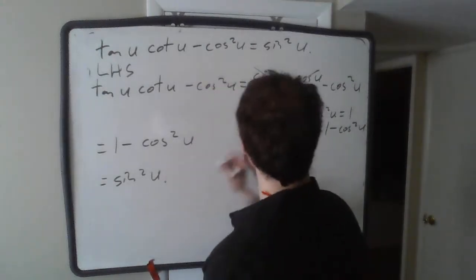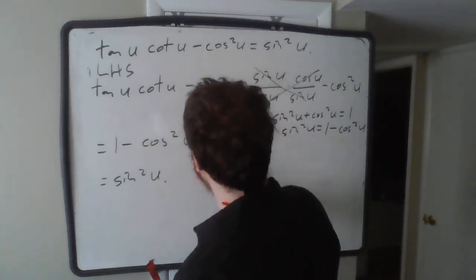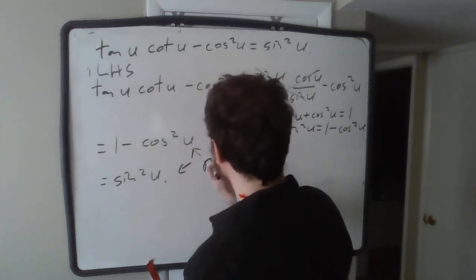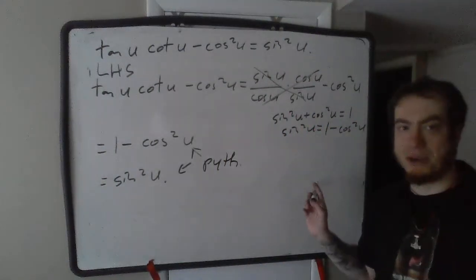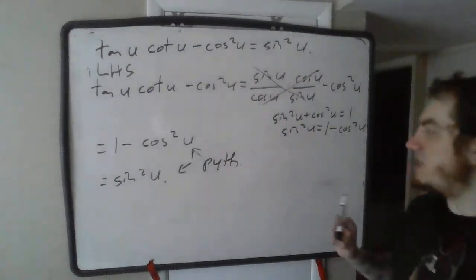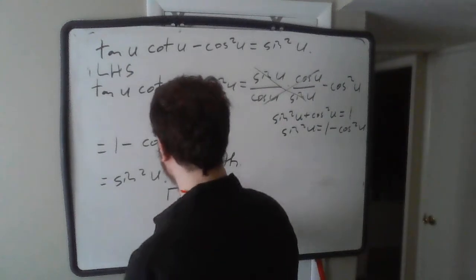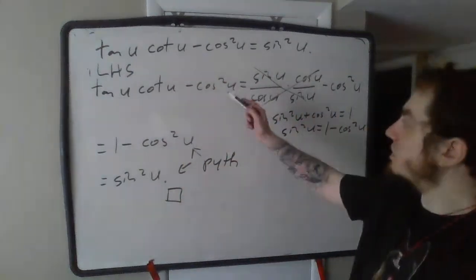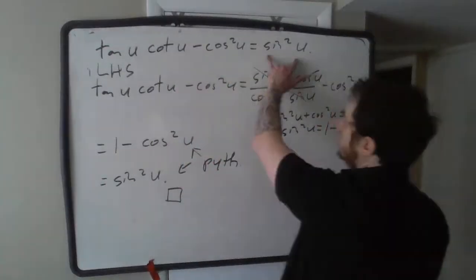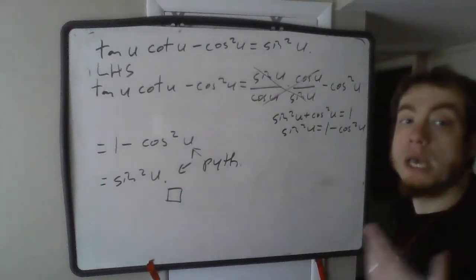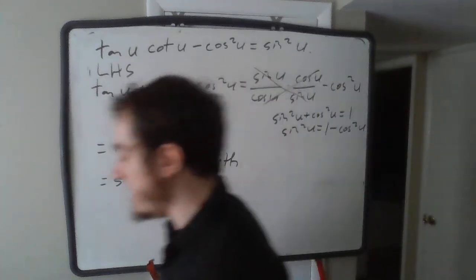Now, when you make a change like this, it can be good, although you don't have to, to say that you're doing this using, in this case, the Pythagorean identity, just to demonstrate what's going on. Okay, so I started with the left-hand side, and I ended up with the right-hand side, but that establishes this original equality. So this original equation has now been established.